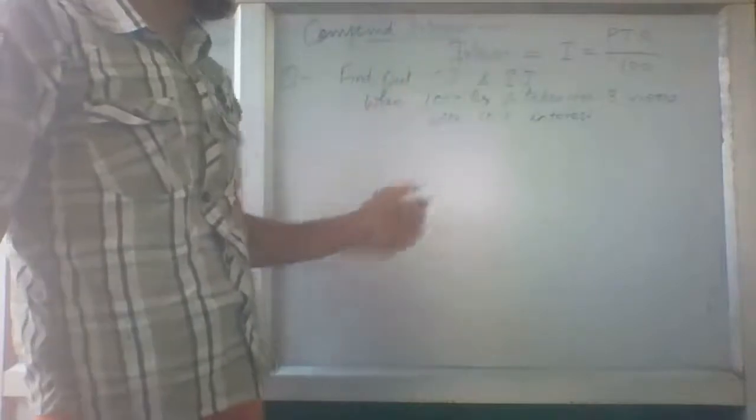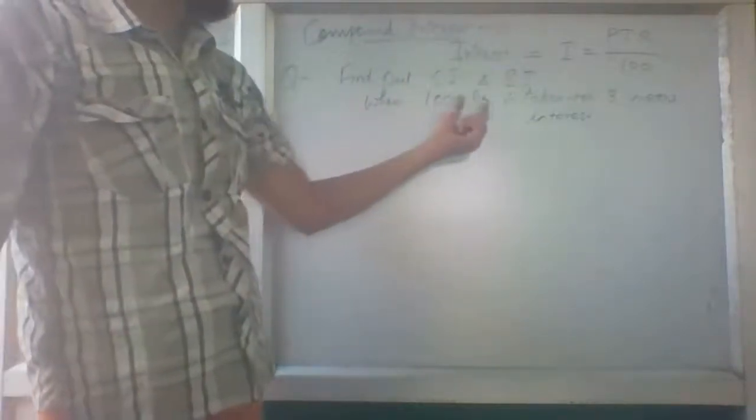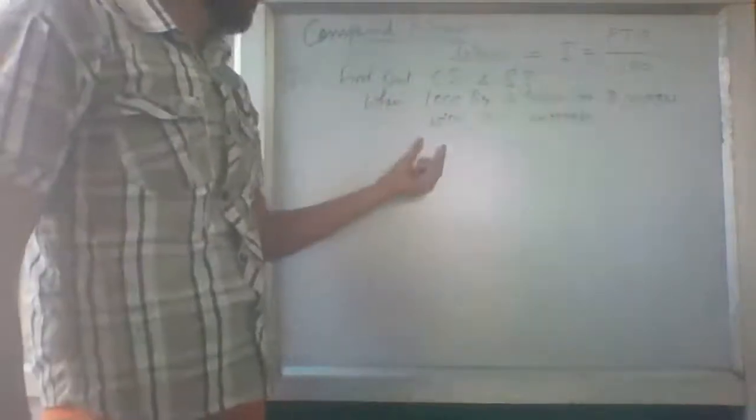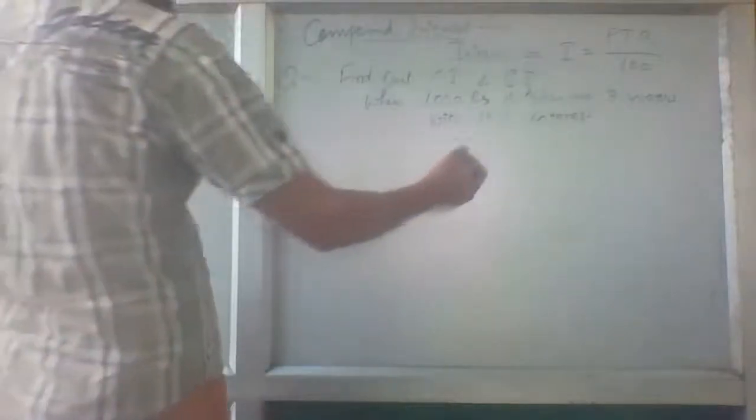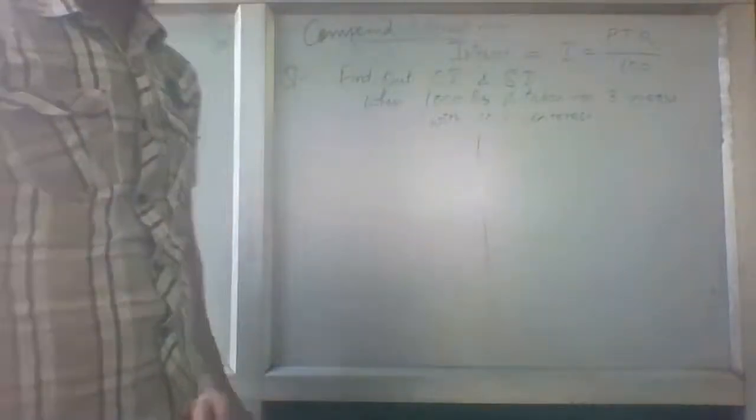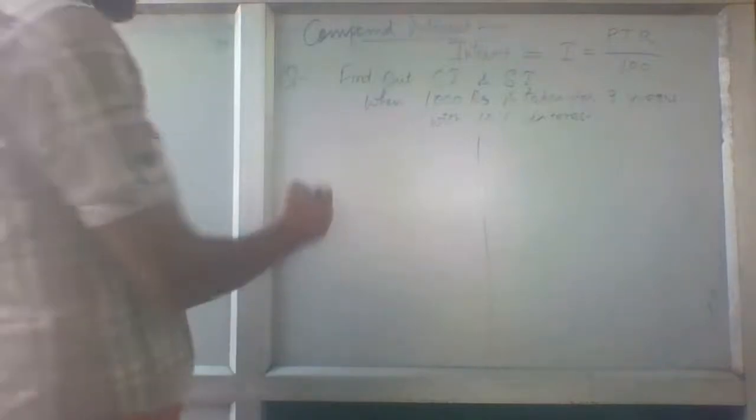This is the question. Find out both compound interest and simple interest when 1000 rupees is taken for 3 years with 10% interest. Now I am going to divide this board in two equal halves.